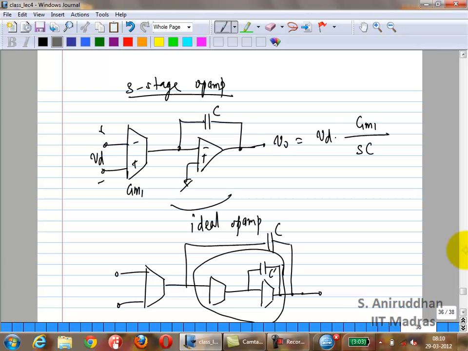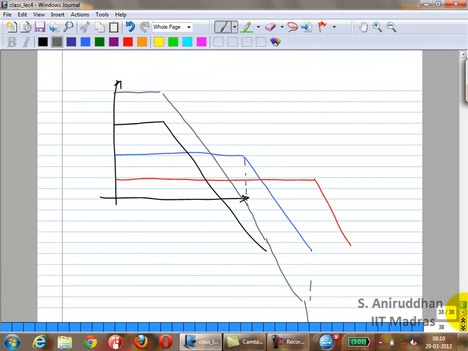If that's what you want. If you see from a high level perspective, that's what it seems like, that's what you want. Correct? From a 3-stage op-amp. Is that right? Okay.